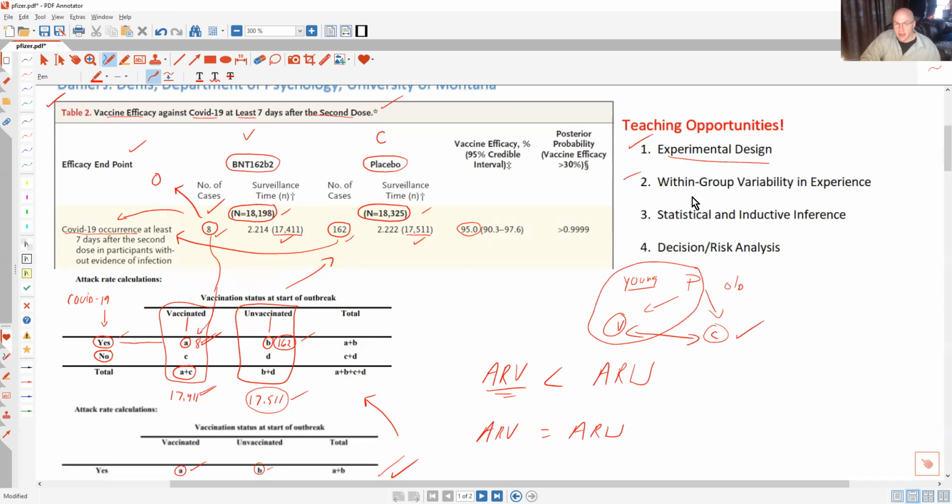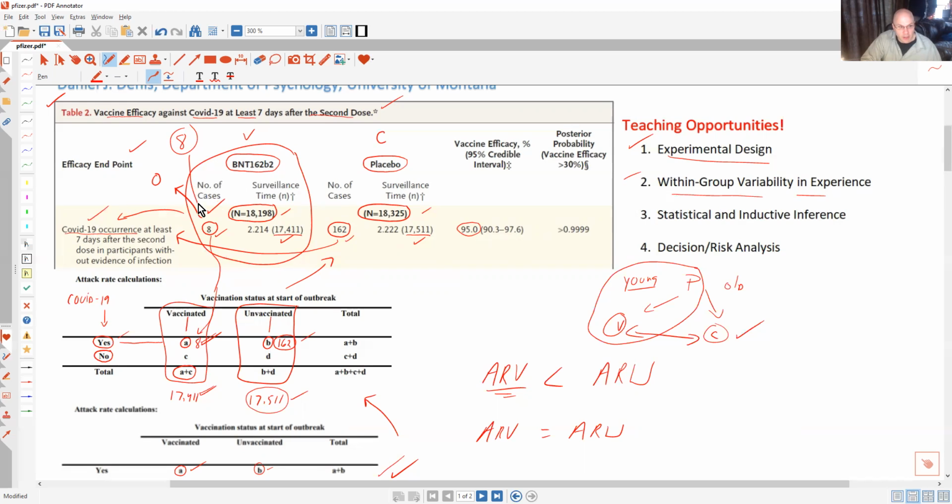Another idea is the idea of within group variability in experience. And what we mean by that is when you look at this particular group, it becomes very interesting why 8 people who receive the vaccine develop COVID-19.